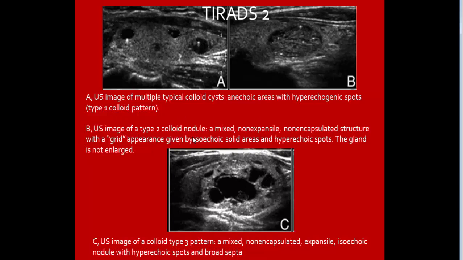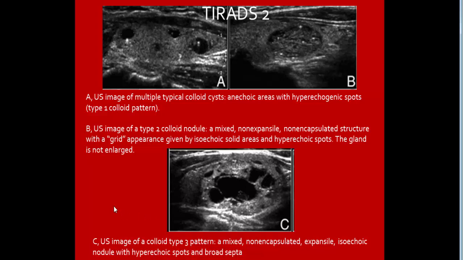Ultrasound image of type 2 colloid: mixed, non-expansile, non-capsulated structure with a grid appearance, given by isoechoic solid areas and hyperechoic spots. The gland is not enlarged. TI-RADS 2 type 3 colloid: mixed, non-capsulated, expansile isoechoic nodule with hyperechoic spots and broad septum.